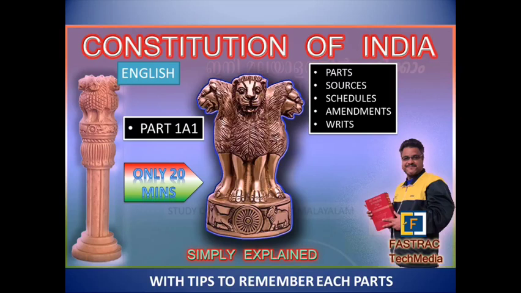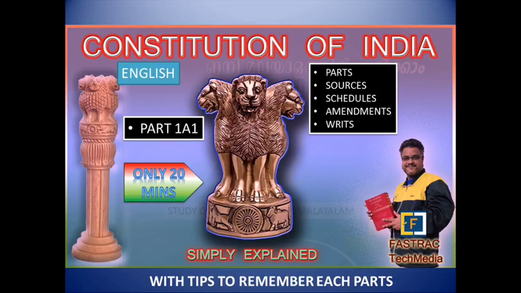In this part we are going to study the Constitution of India. As we know, the Constitution of India has different parts. We have to understand the sources of the Indian Constitution, the schedules, the amendments so far made, and the writs.